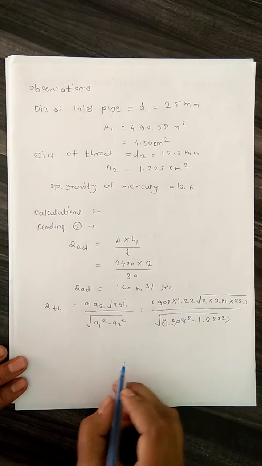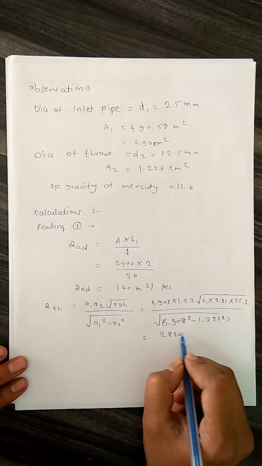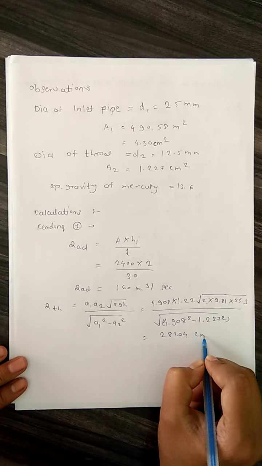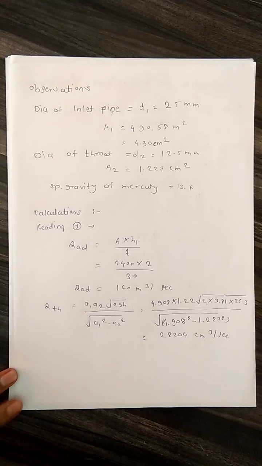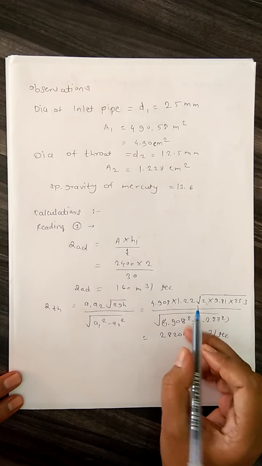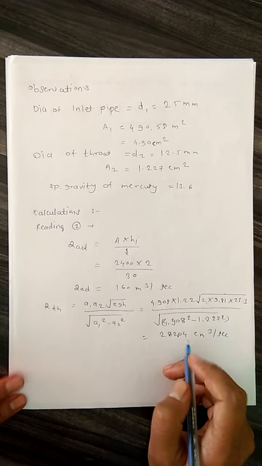After solving this we get 28204 centimeter cube per second. Okay, we get the answer 282.04 centimeter cube per second.